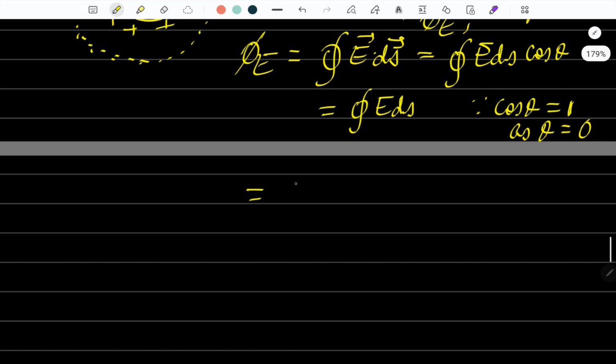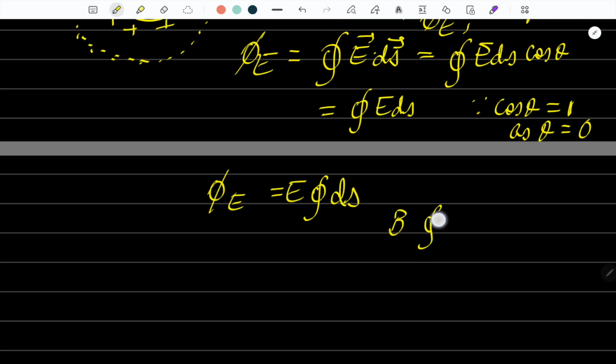Electric field is uniform, because the charge distribution is uniform, so it can be taken out. Electric flux is equal to E integral ds.